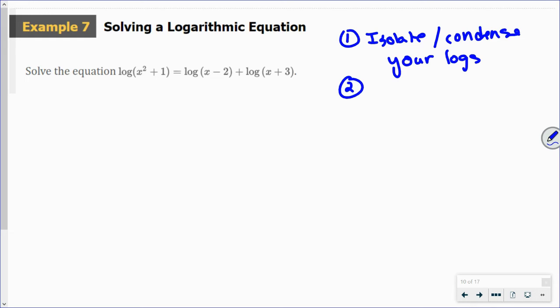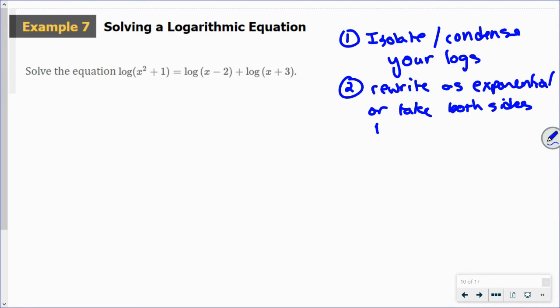Step 2, rewrite as exponential, or take both sides to the same base. And 3 would be solve. Okay, and we're going to see both of these, especially when we get into some word problems in 4.6 and 4.7. We're going to see both of those examples.